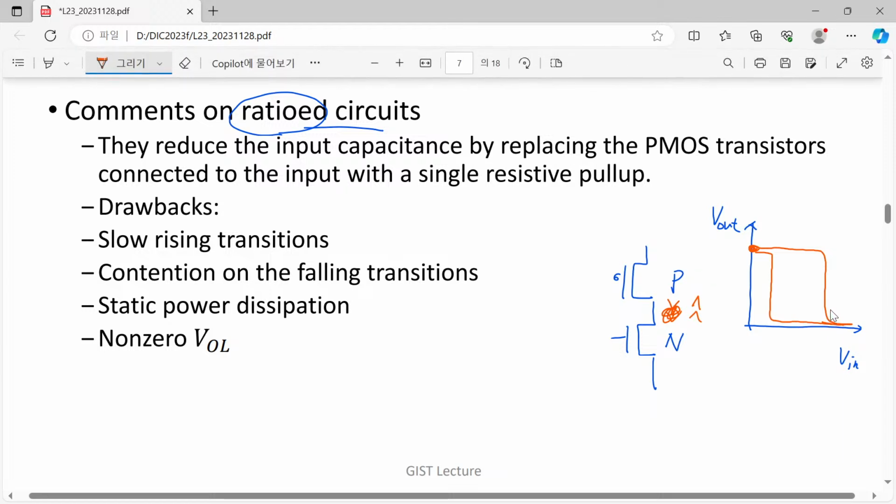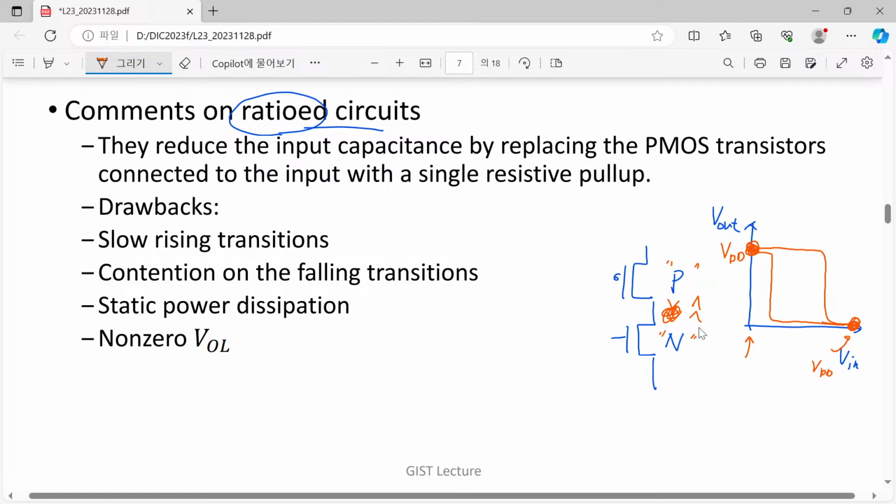Yes, of course, both of them are not that much ideal. However, it is certain that if you give 0, then it will give you VDD. If you give VDD, then it will give you 0. At least these two logic values are not affected by this ratio.